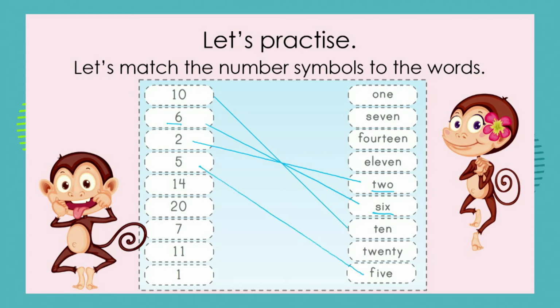It is 14. So we are going to draw. Let's have a look at the next one. It is 20. So we look for the word 20 and I see it over there. Going to draw a line.